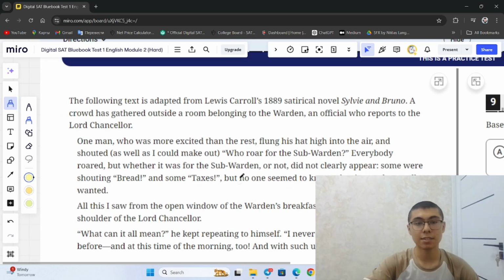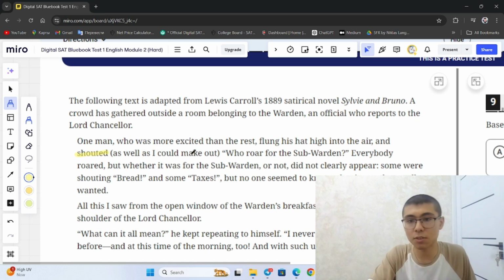Okay, a crowd has gathered outside a room belonging to the warden, an official who reports to the Lord Chancellor. One man who was more excited than the rest flung his hat high into the air and shouted, as well as I could make out, "Hurrah for the sub-warden!"